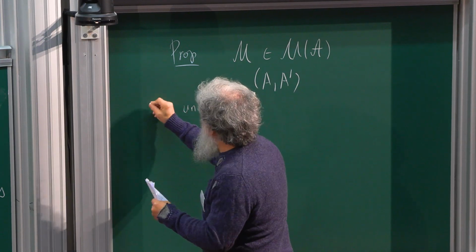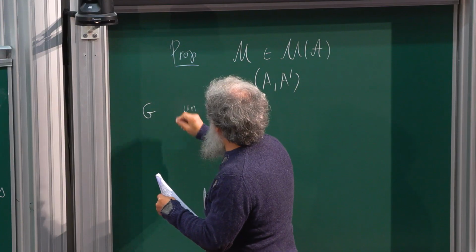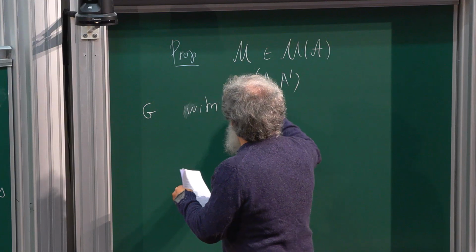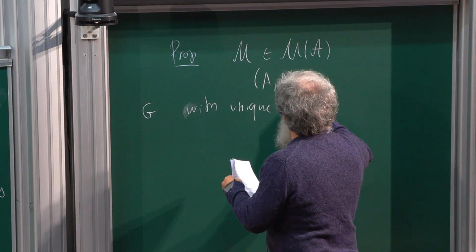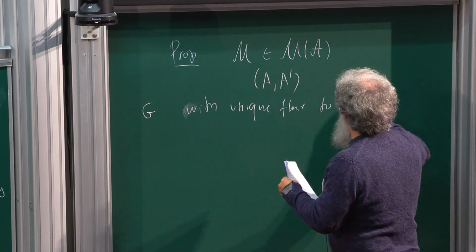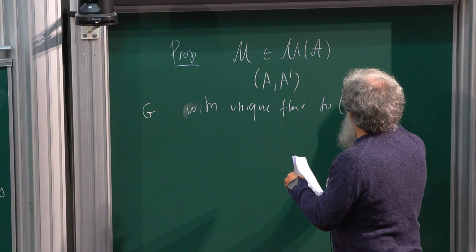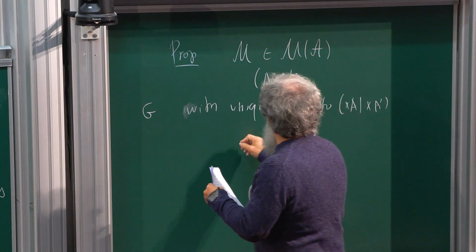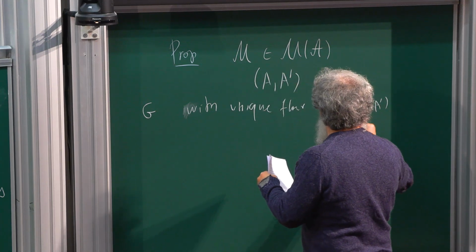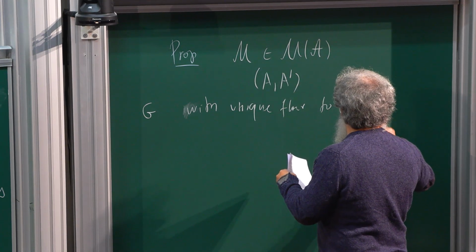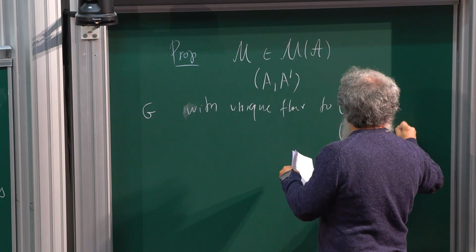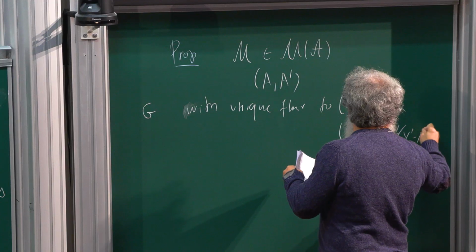We can find such a graph G with a unique flow for X A prime and a unique flow for X y minus A, X prime, y prime minus A prime.